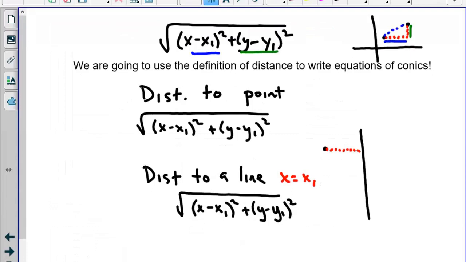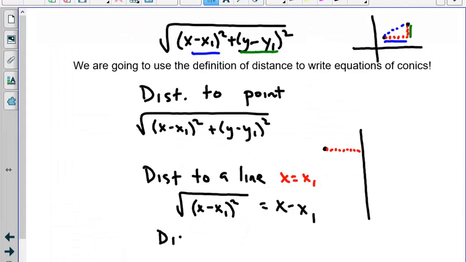But this y value doesn't change. If you look at this red dotted line, there is no change in the y value. There's only a change in the x value. So y minus y1 doesn't change, and we're really only taking the square root of x minus x1 squared, which is really just x minus x1. So we're finding some horizontal distance.